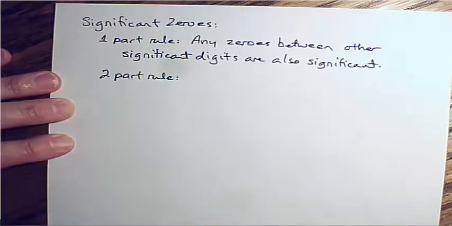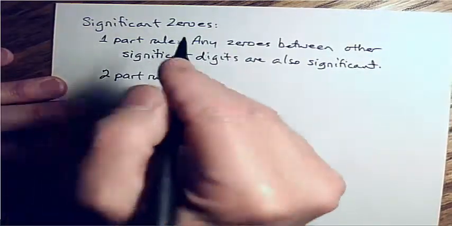The two-part rule is one in which you have to meet both parts for the zero to be significant. If you only meet one part of the two-part rule, that doesn't apply. You have to meet both parts of the rule for the zero to be significant.